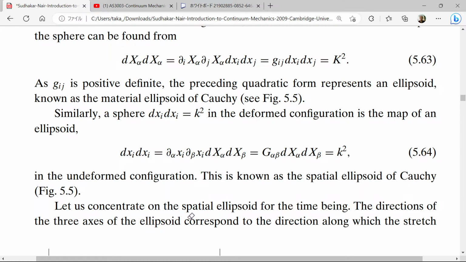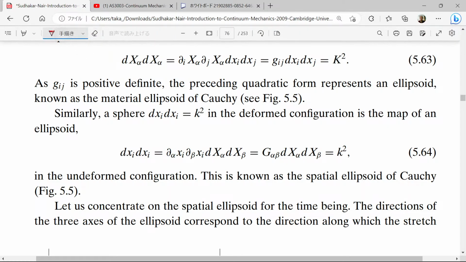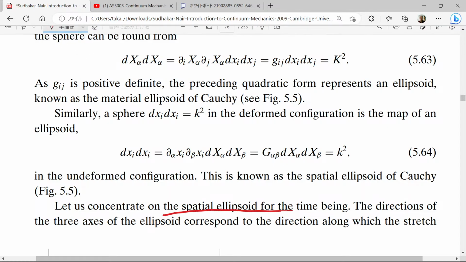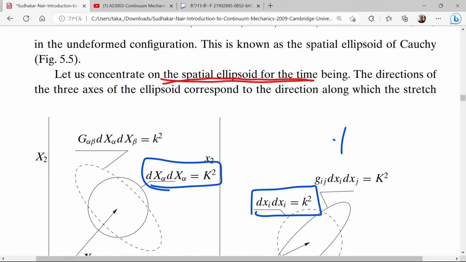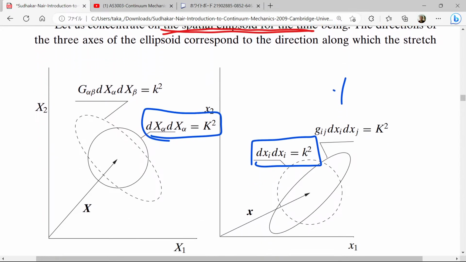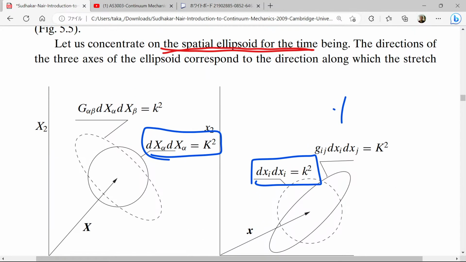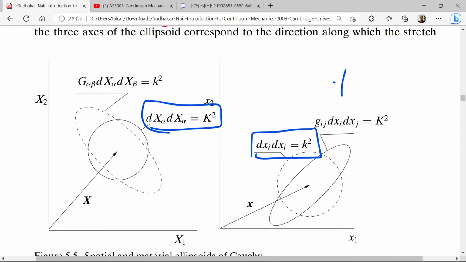Let us concentrate on the spatial ellipsoid. Okay, we consider the spatial ellipsoid for the time being.